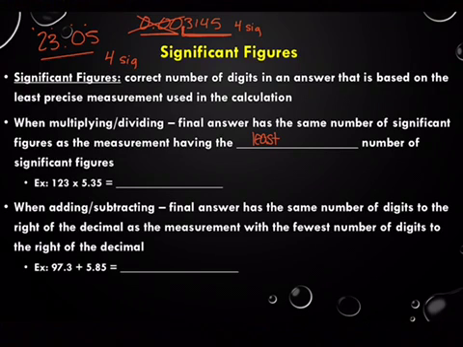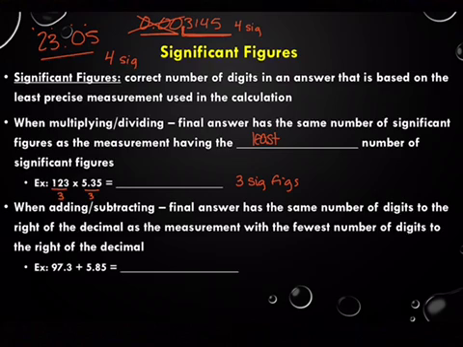So in this case, we're multiplying 123 by 5.35. Each of those digits, the 1, the 2, and the 3, are significant. So there are 3 sig figs. And 5.35, all 3 of those are also significant. So your answer can only have 3 significant figures in it.